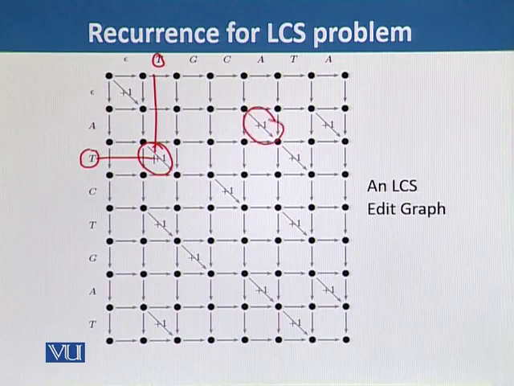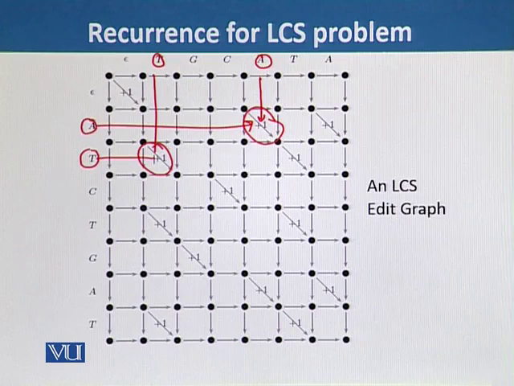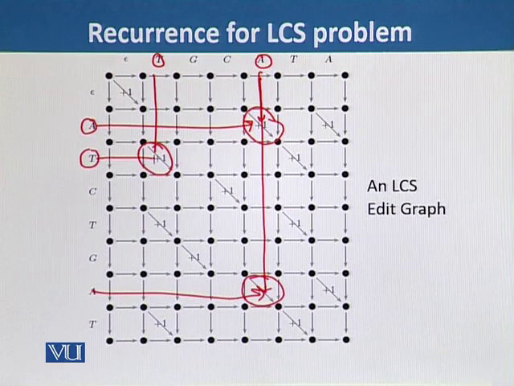If we consider this diagonal, at both positions A is present. So we will consider only those diagonals that are identical, and we will only retain these diagonals.